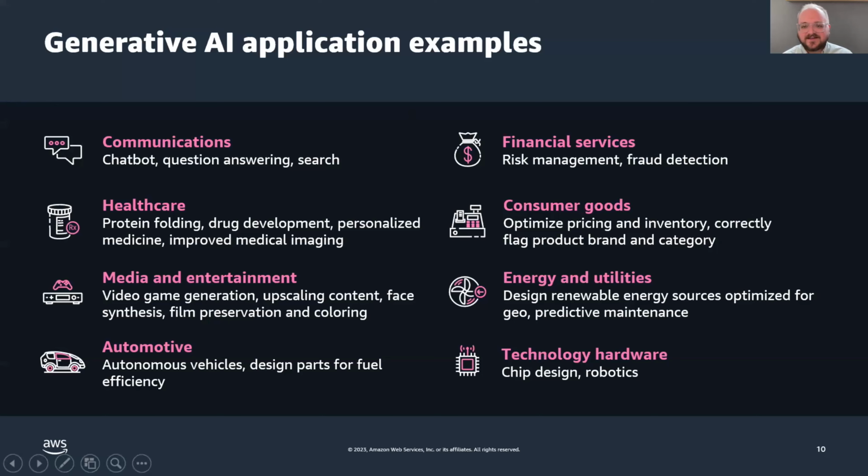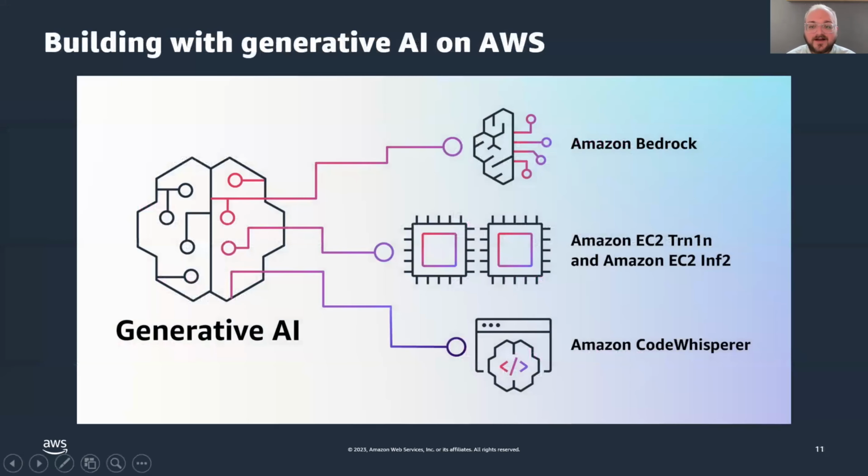So that's correct. Now that we've talked a little bit about generative AI and some of its use cases, I want to talk about what it actually looks like to build with generative AI on AWS. So you see a few different components here, and I'm going to talk about each of these. But first, we have Amazon Bedrock, which is a new AWS service for building and scaling generative AI.